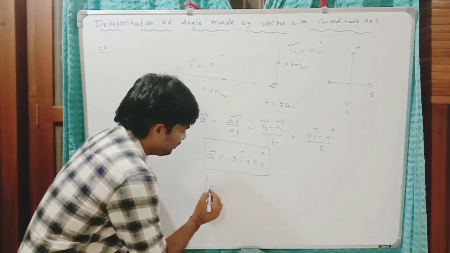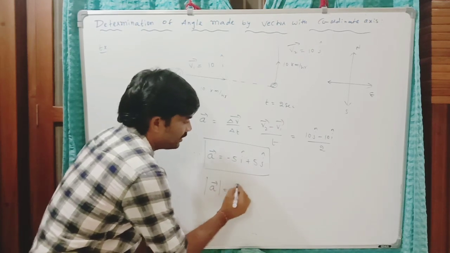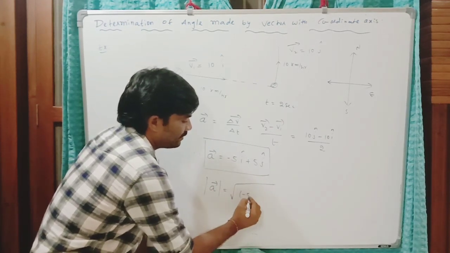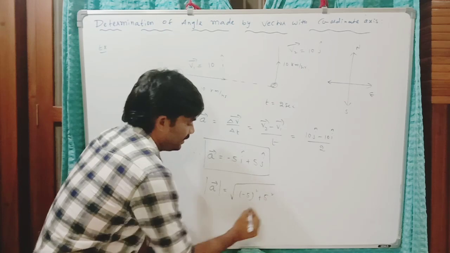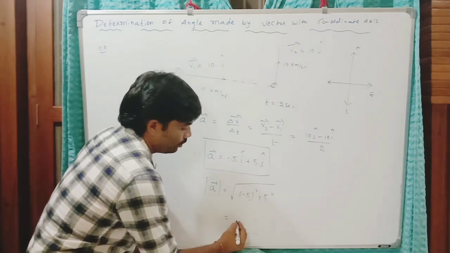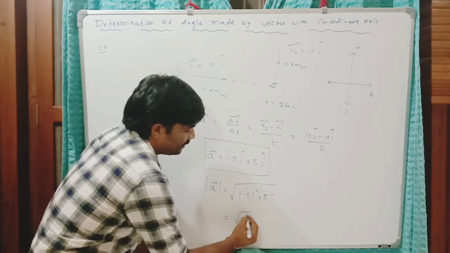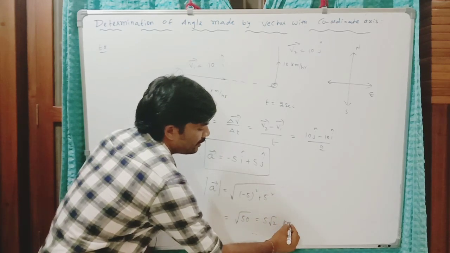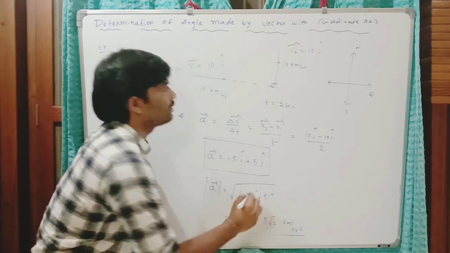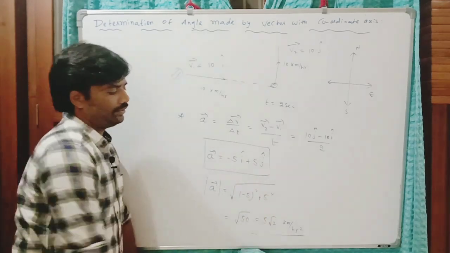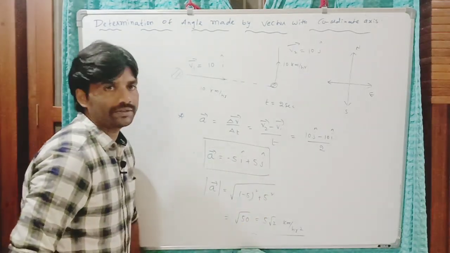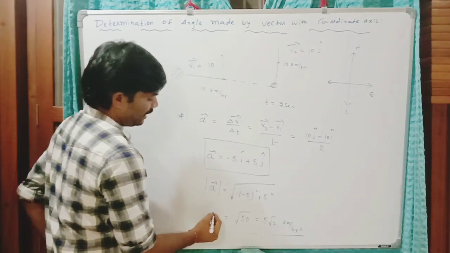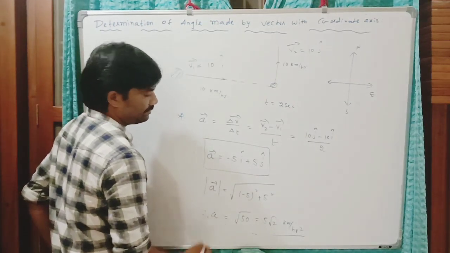If you want magnitude, you can directly find it here: root of minus 5 square plus 5 square gives 25 plus 25, root 50. That is 5 root 2 kilometer per hour square. Kilometer per hour is there, so units are kilometer per hour square. So that is the magnitude of the acceleration of the particle.